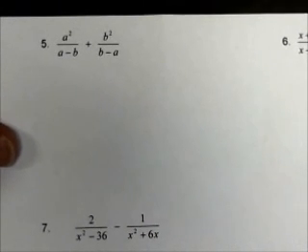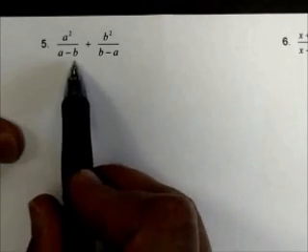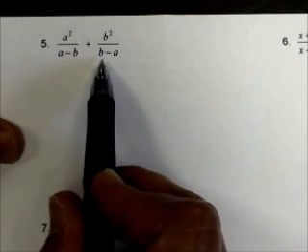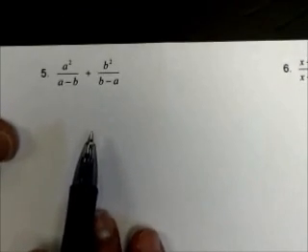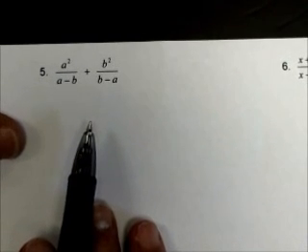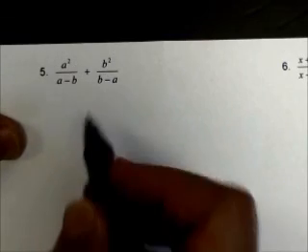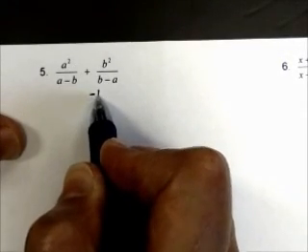Okay, we look at our denominators. a minus b, b minus a. Now wait a minute. These are opposites, right? So I like the way a minus b is written. b minus a, what if I take out a negative 1?